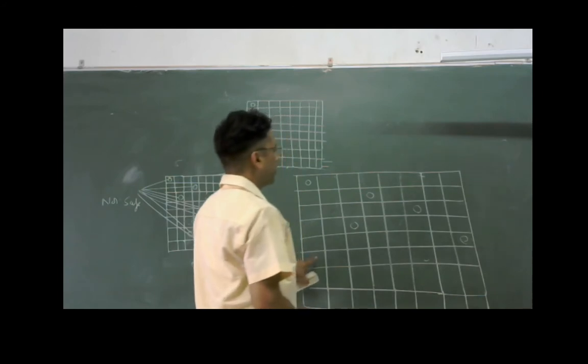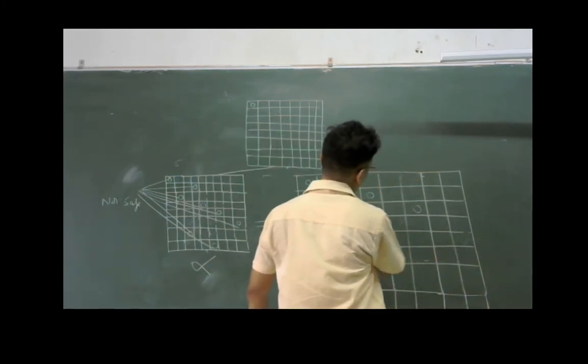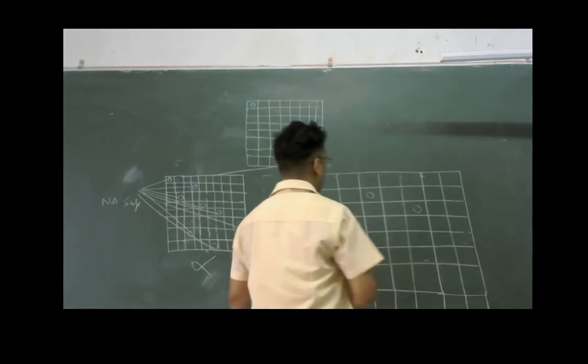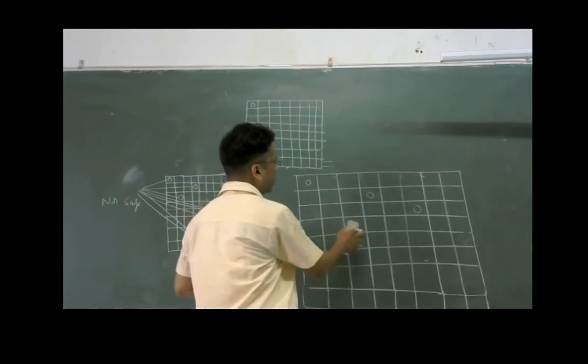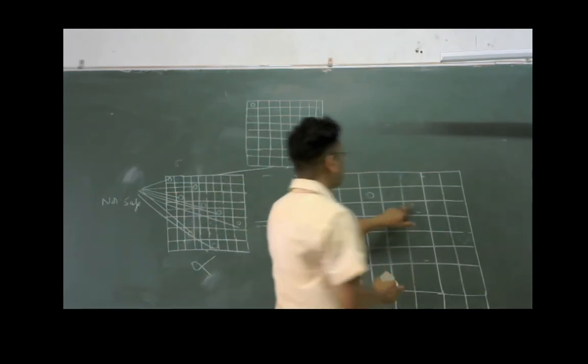We cannot place it here also, as this will be hit diagonally. These are not the cases, so this will also not have a solution. So we shall backtrack. This option is also cancelled.